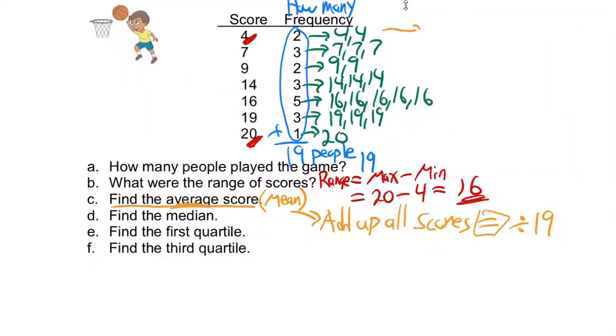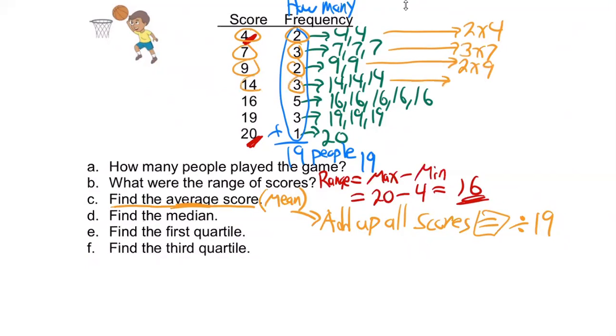So we just go 2 times 4, 2 times 4, 3 times 7, 2 times 9, because it's 2 9s. 3 times 14, because it's 3 14s.